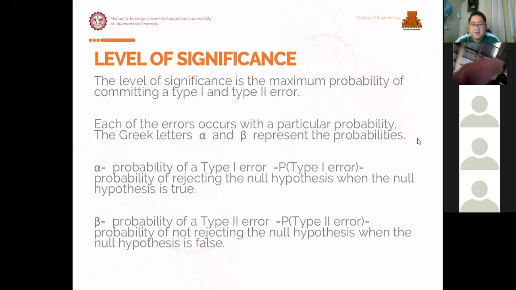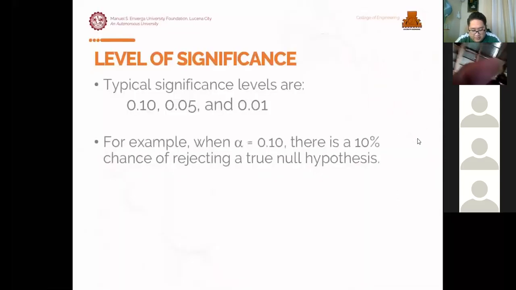Okay? So the same with type 2 error, beta is used. So the probability of a type 2 error, or P(type 2 error), means the probability of not rejecting the null hypothesis when the null hypothesis is false. Okay? So typical significance level values are 0.1, 0.05, and 0.01.